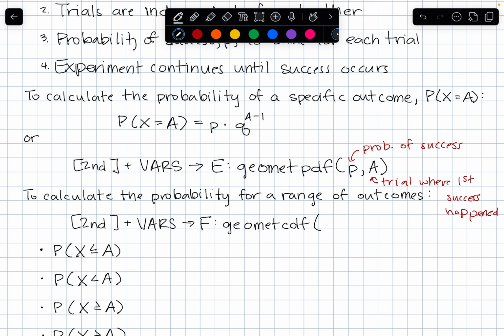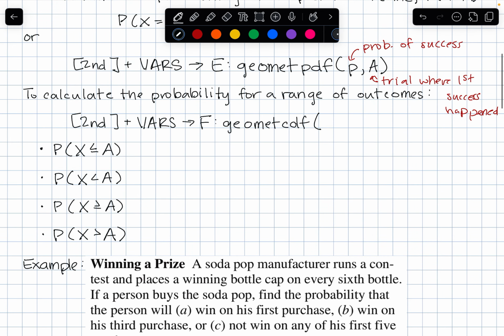And just like binomial, geomet CDF only does the less than or equal to. This would be geomet CDF of P comma A. If I'm doing anything else, I have to modify the A, or I have to use the complement rule. It only does A inclusive.